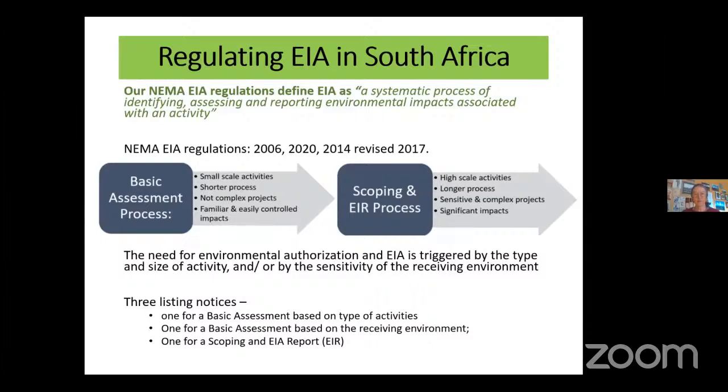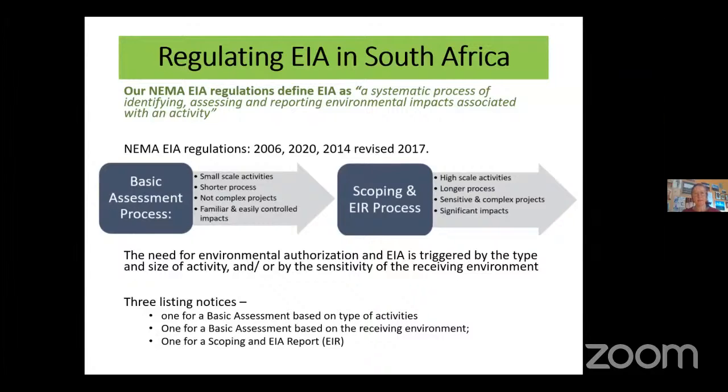We have the basic assessment process, and we have a scoping and EIA or EIR, environmental impact reporting process. And we've had those regulations. Initially, the NEMA regulations were promulgated in 2006, then changed in 2010, again in 2014, sorry, that should be 2012, 2014, and revised in 2017.